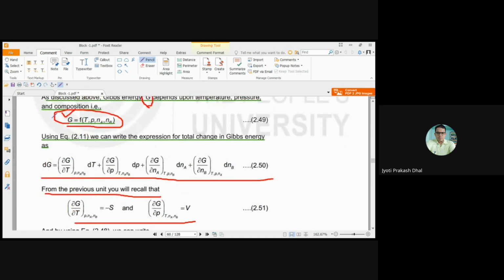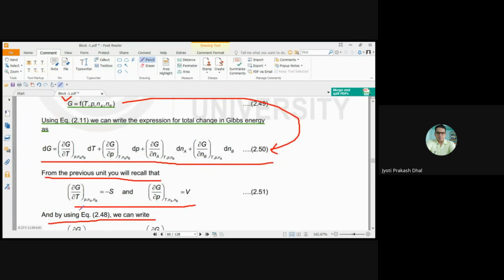Now, if you take the differential of this term, dG equals del G by del T at constant pressure, constant Na, constant Nb dT, plus del G by del P at constant temperature, constant Na, constant Nb dP, plus del G by del Na at constant temperature, constant pressure, Nb dNa, plus del G by del Nb at constant temperature, constant pressure, Na dNb. So this is the differential of the Gibbs energy term.